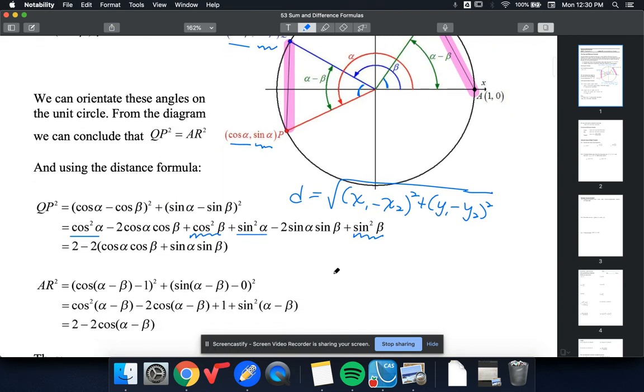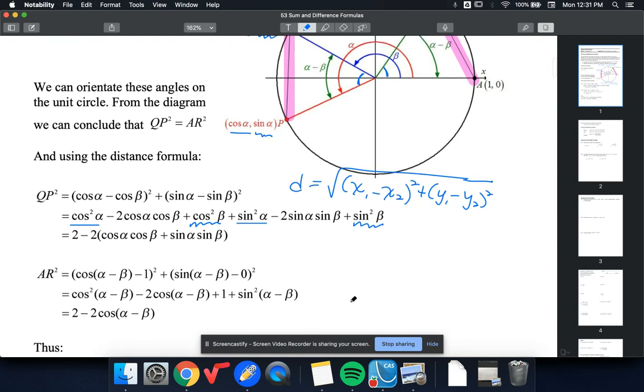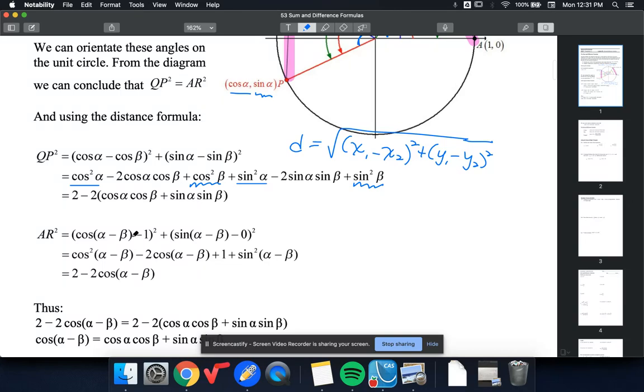I can repeat the same thing for AR, because we've shown that AR and QP are the same thing. Expanding this, I get cos squared of alpha minus beta, minus 2 cos of alpha minus beta, plus 1. Over here, it's just the sine component.